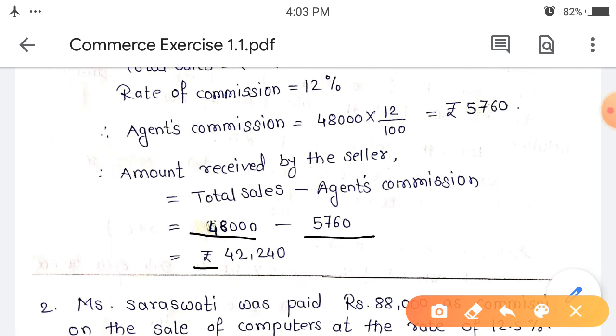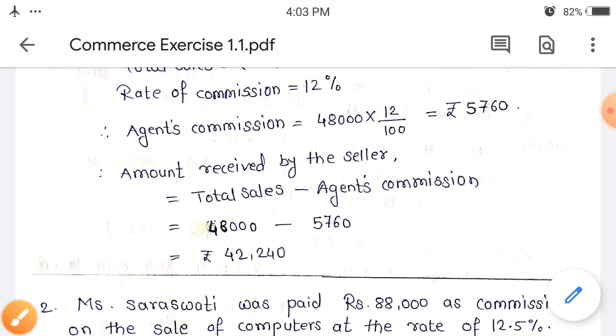So how much is the total amount the seller gets? 42,240. Very simple. If you imagine the terms, then it will be easy to simplify the problem. Imagine you are there, calculate which term is given, which term you want, and you will immediately get the answer.